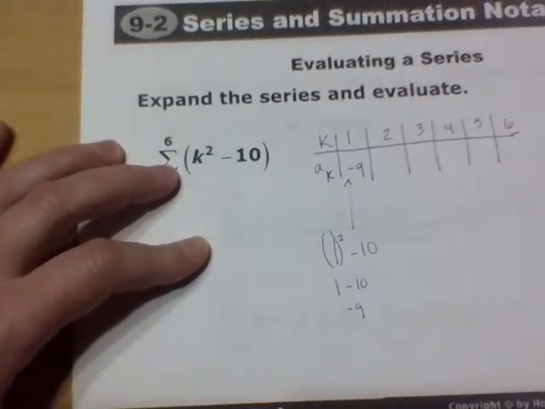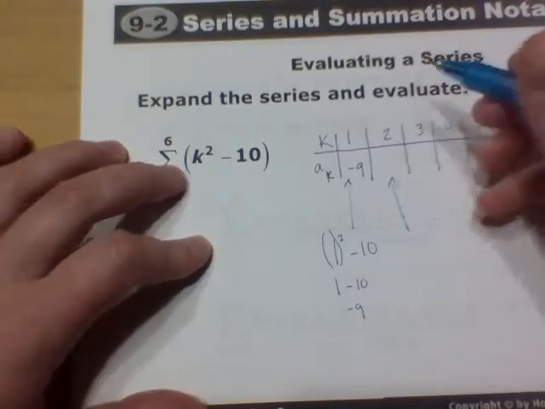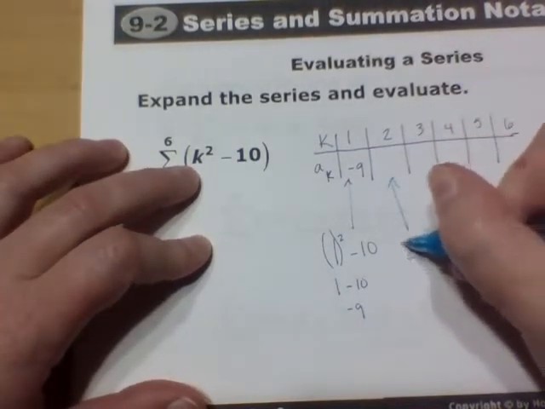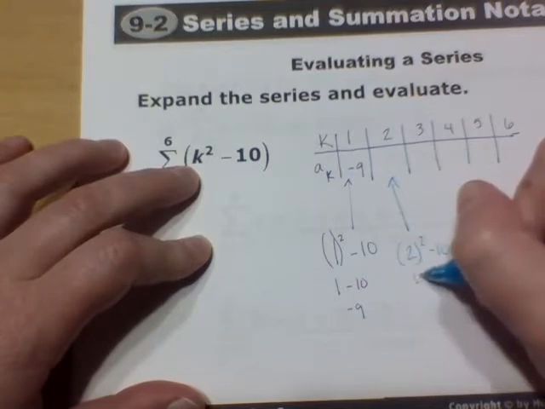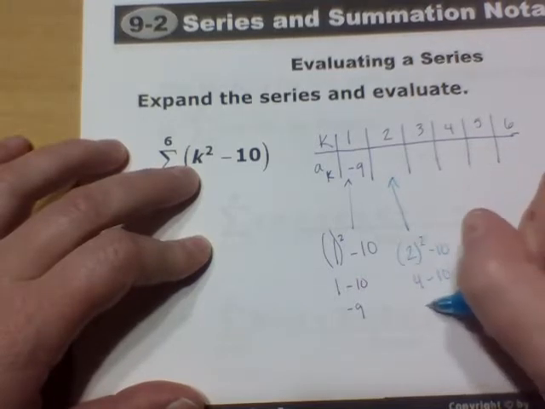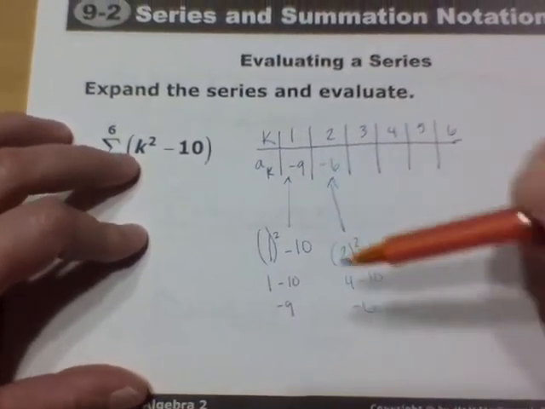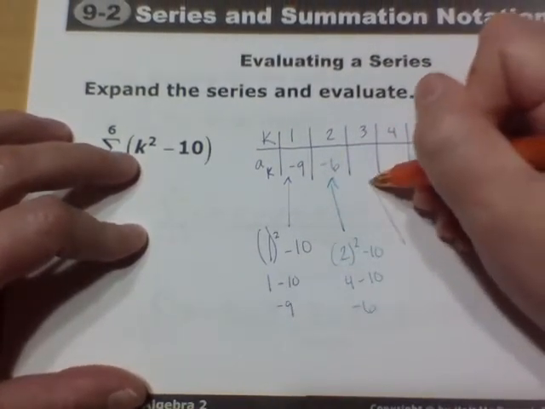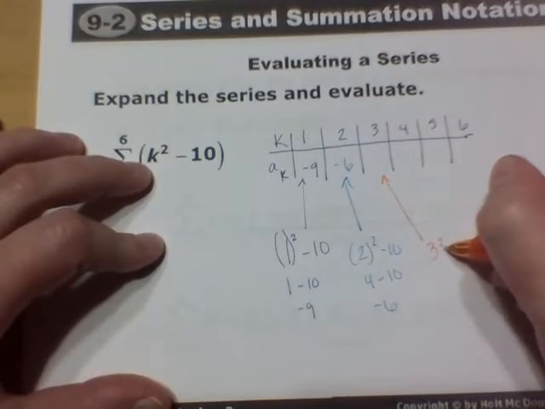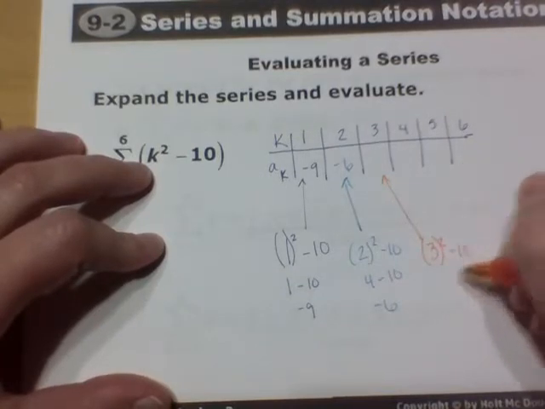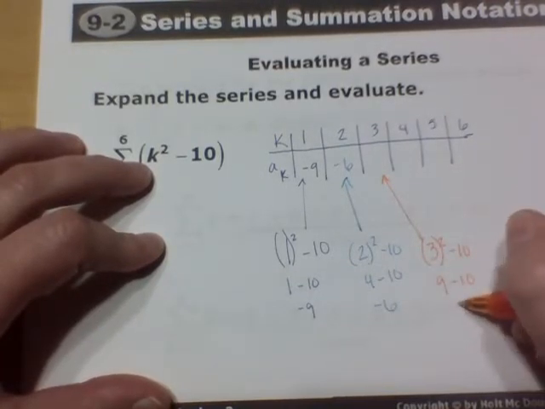Our second term is going to come from plugging in a 2 to this equation. So 2 squared minus 10, so 4 minus 10, which is negative 6. Then the next one comes from plugging in a 3, so we're going to get 3 squared minus 10, so 9 minus 10, which is negative 1.